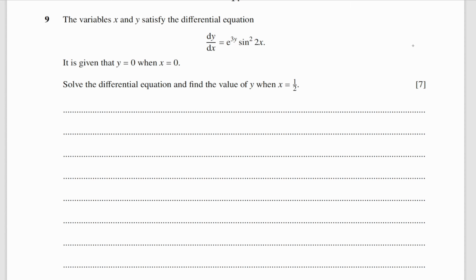Okay, question 9. Differential equations. First of all, I'm going to multiply both sides by dx. And then I will divide by e to the power of 3y.